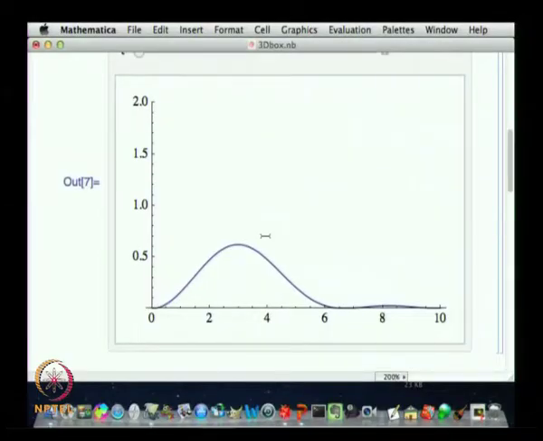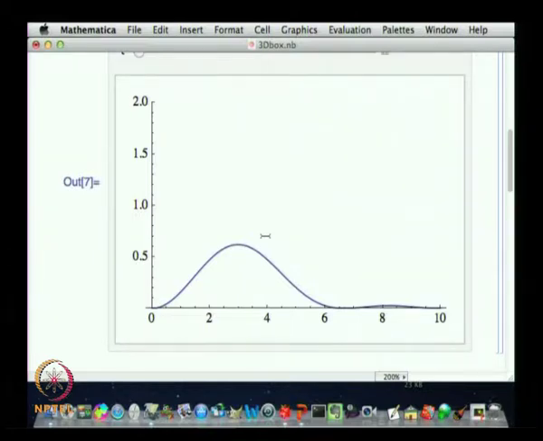Okay, you look at this figure. What I have done is I have plotted psi star psi as a function of x for t equal to 0. This is the plot for t equal to 0 at the initial time, right?